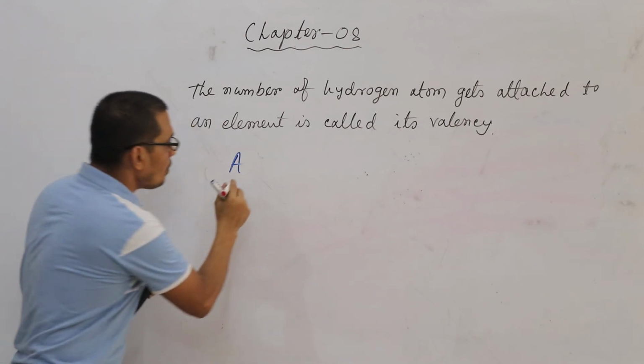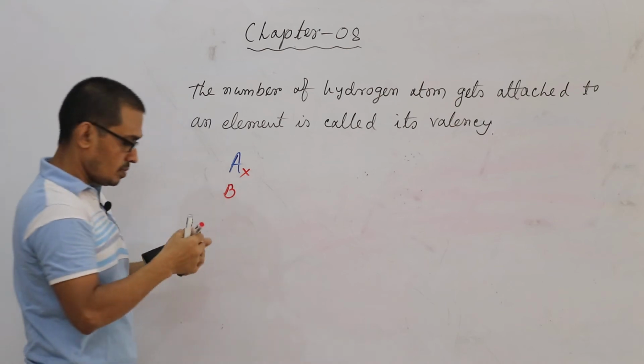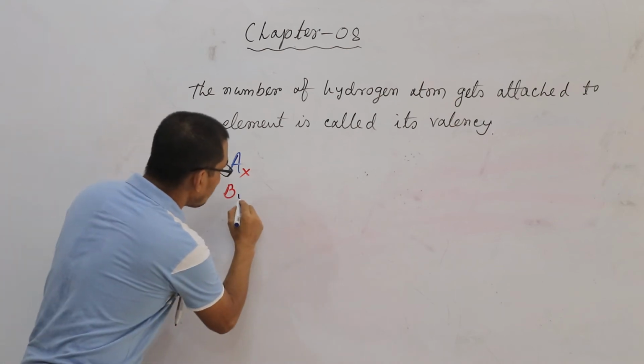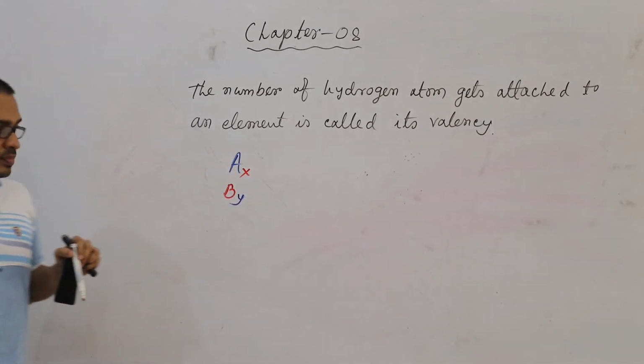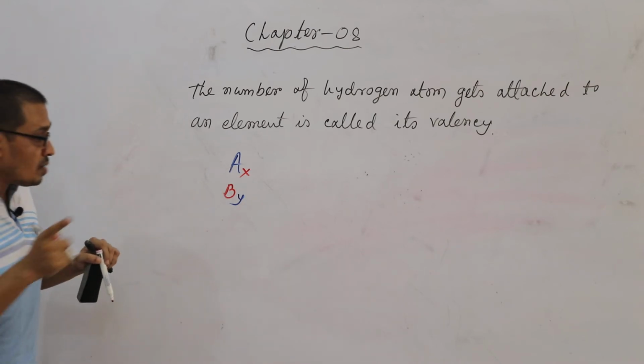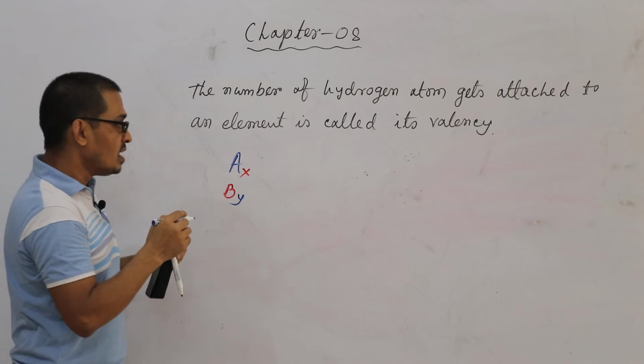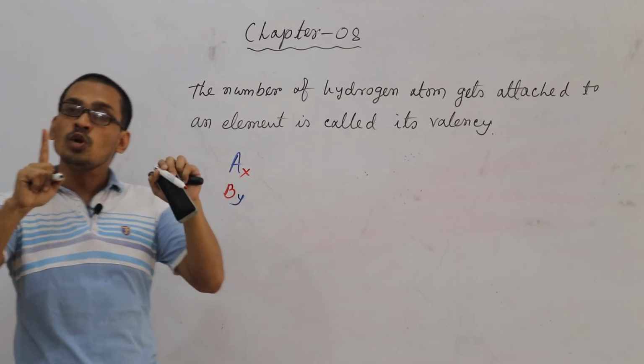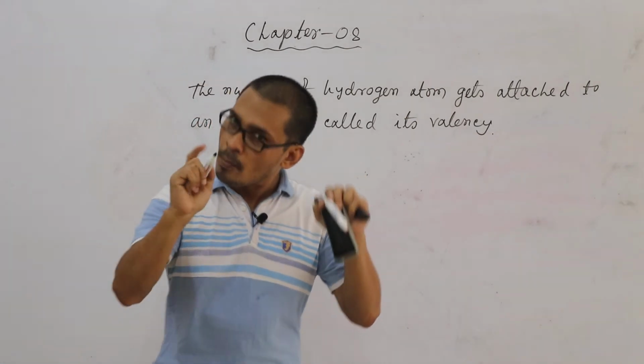The valency of A is X and the valency of B is Y. Now A and B will form a compound.